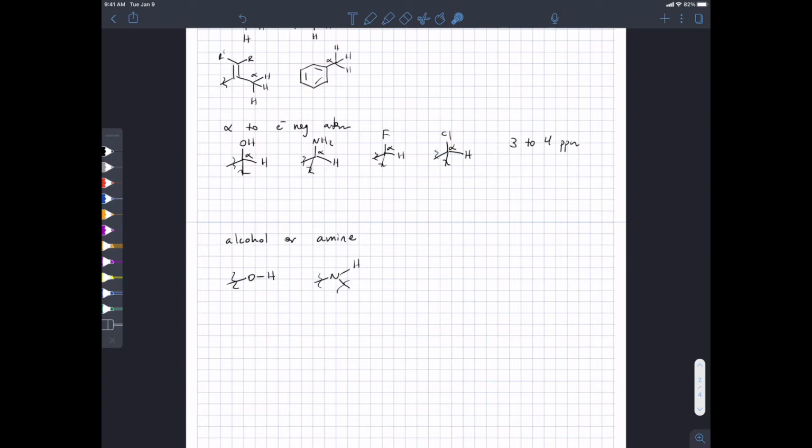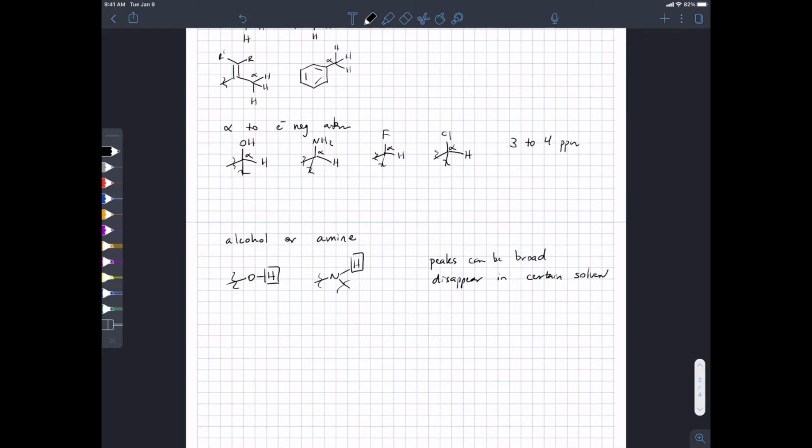And the hydrogen bonding process tends to alter the resonance frequency and maybe spread it out quite a bit. So depending on the situation, peaks for protons directly attached to heteroatoms can be broad, meaning not sharp. And then another thing is that they can disappear in certain solvents.